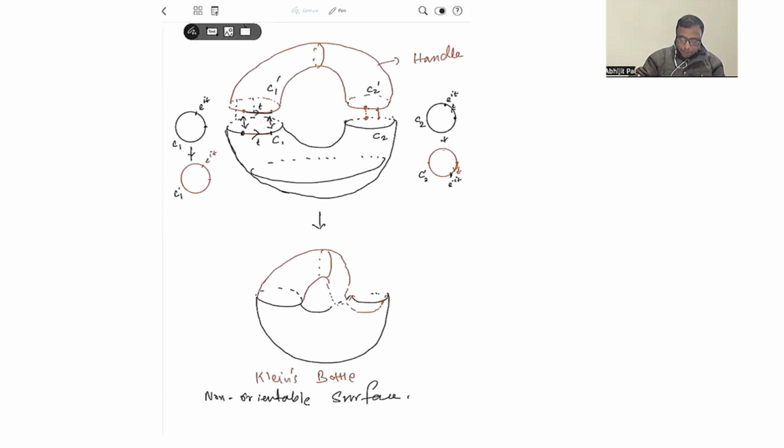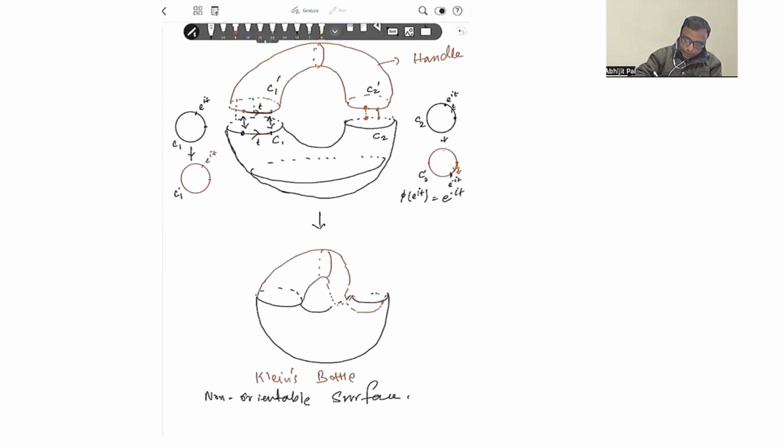And now you attach C2 to C2 prime with the help of this map: e to the power it goes to e to the power minus it. So the attaching map is phi of e to the power it equals e to the power minus it.